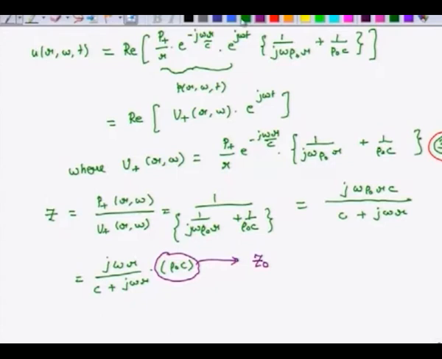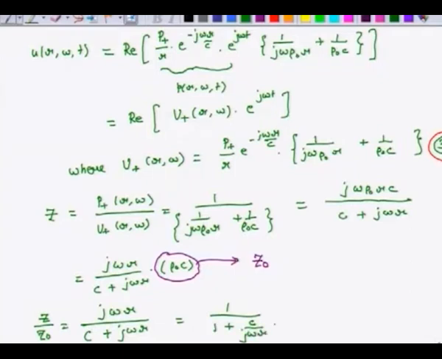So, I can rewrite this equation as z over z naught equals j omega r divided by c plus j omega r, and then I can further simplify it as 1 over 1 plus c over j omega r.